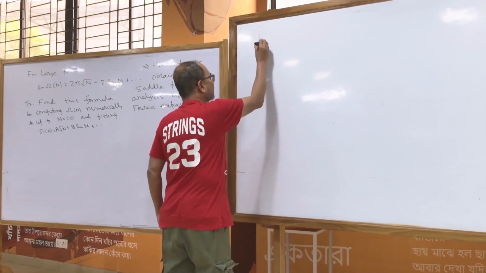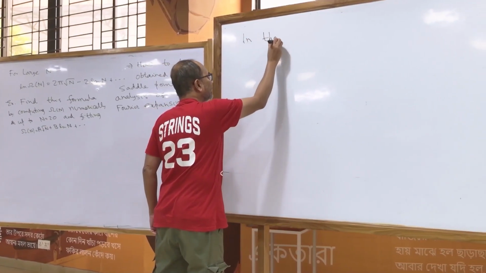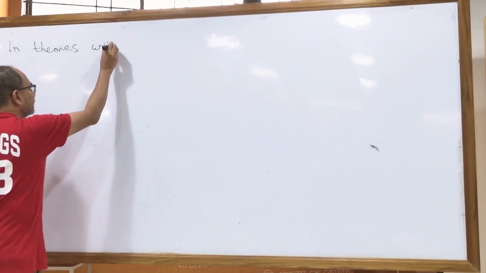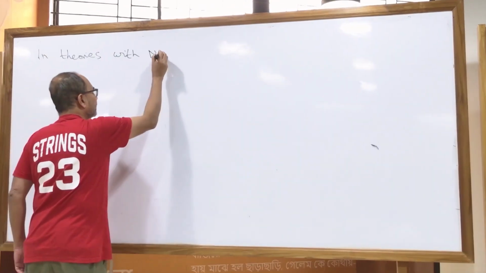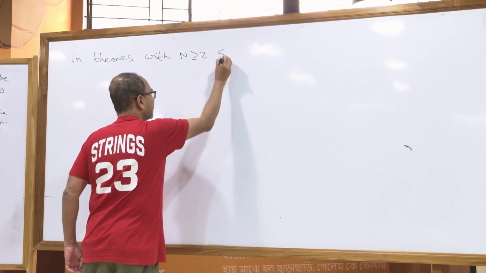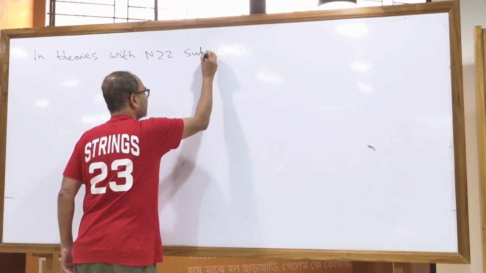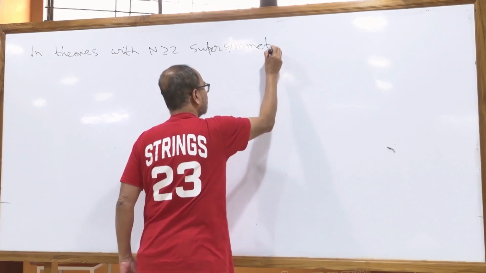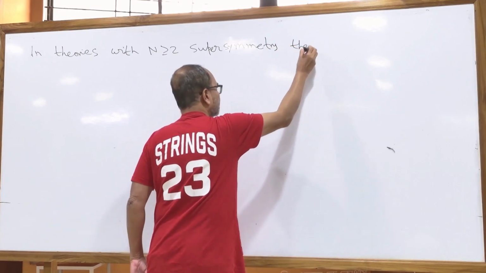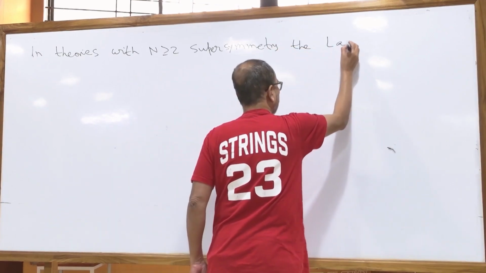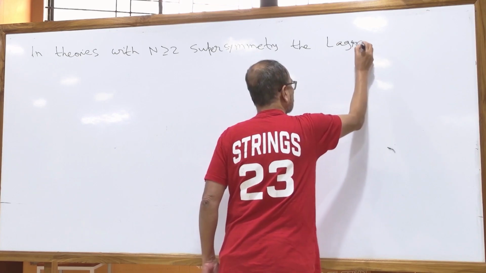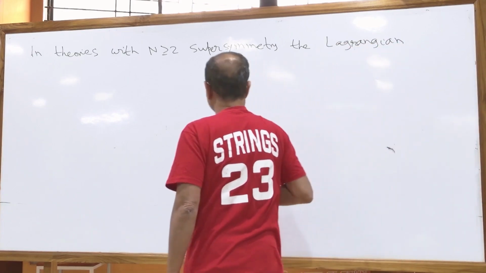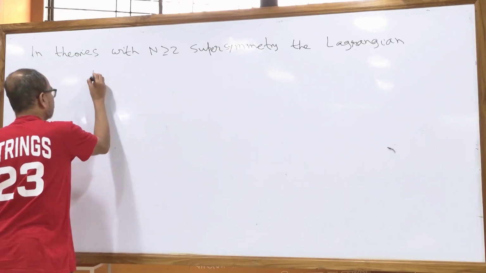So in theories with N greater than or equal to 2 supersymmetry, the Lagrangian is complicated. We will see an example today, but in general the Lagrangian is complicated.